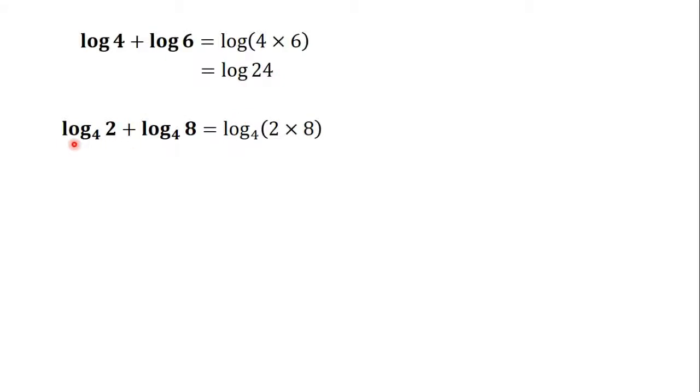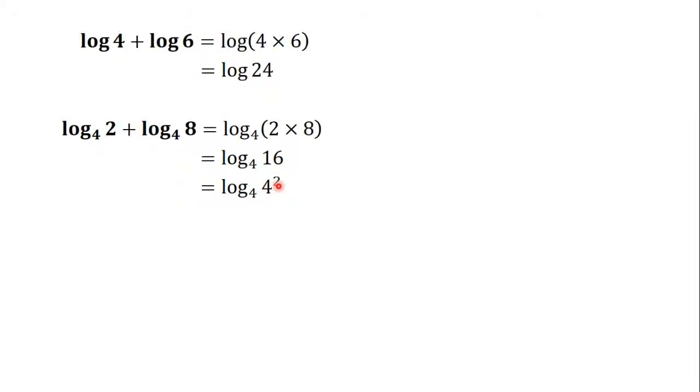The second one is log 2 base 4 plus log 8 base 4. So this is going to give us log 2 times 8 base 4, which will give us log 16 base 4. We can express 16 in index form such that it has a base of 4. This is going to give us log 4 squared, because 4 squared will give us 16.